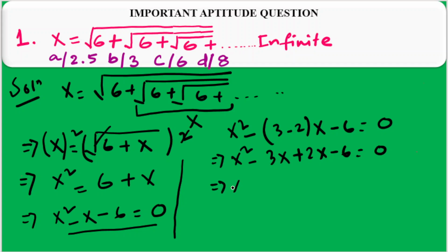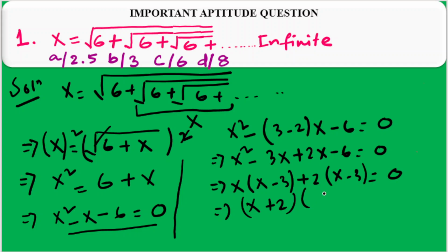We can take x as common, x into x minus 3, and if we take 2 as common, 2 into x minus 3 equal to 0. We can write this equation as x plus 2 and x minus 3 is equal to 0.